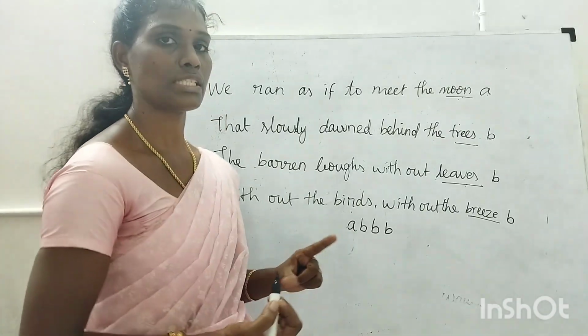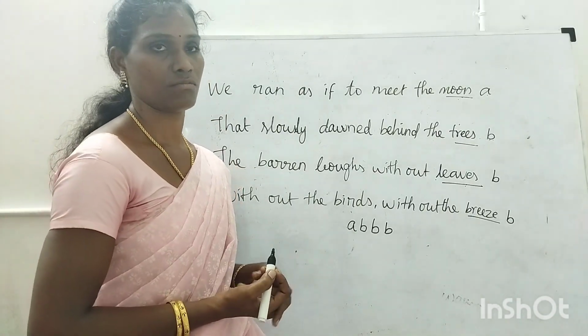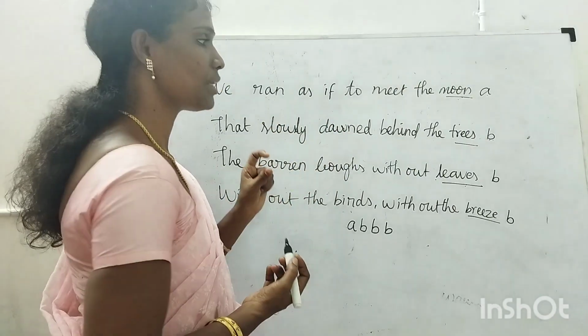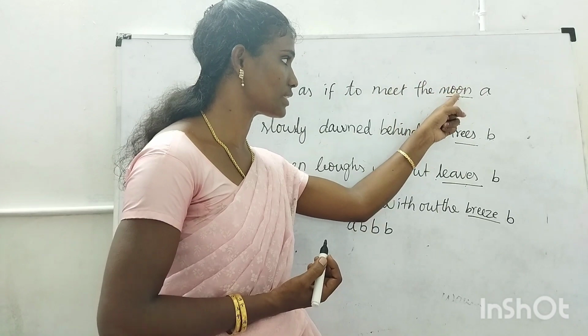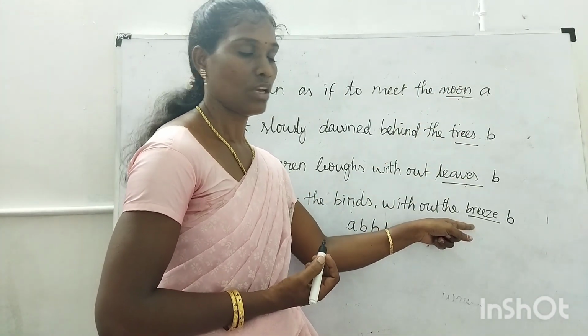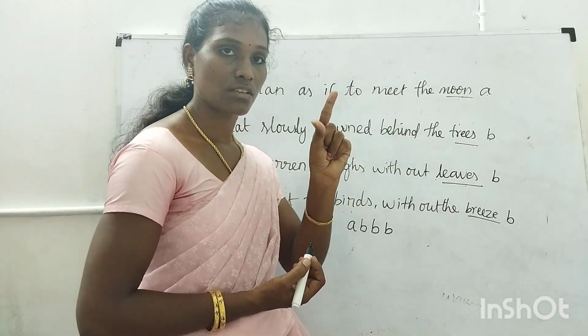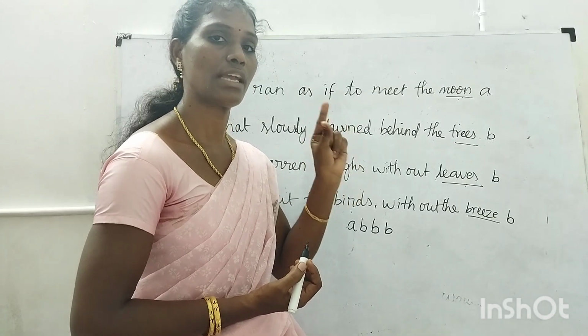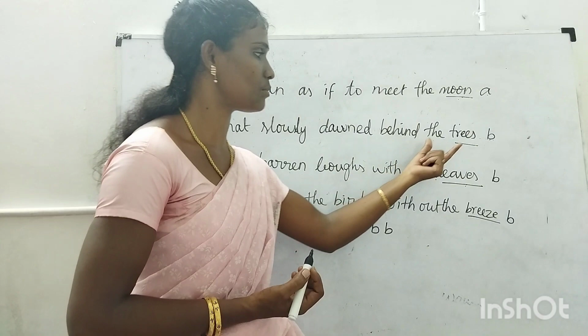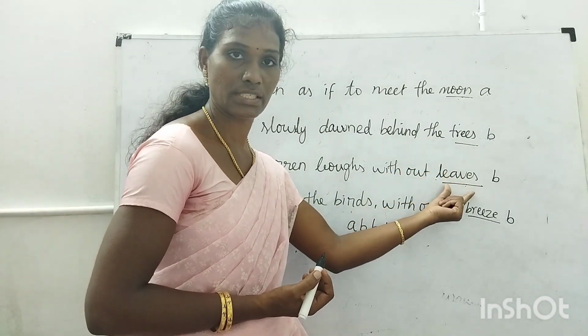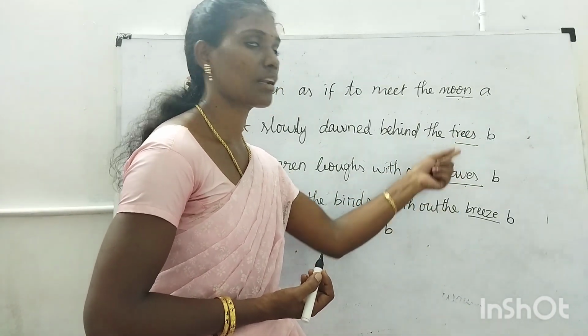And the next question is, find out the rhyming words in the following lines. How to find rhyming words? Moon is a single sound, so that same sound is not found elsewhere. Which two words have the same sound? That is called rhyming words. For example, trees and leaves have the same sound. These are rhyming words.